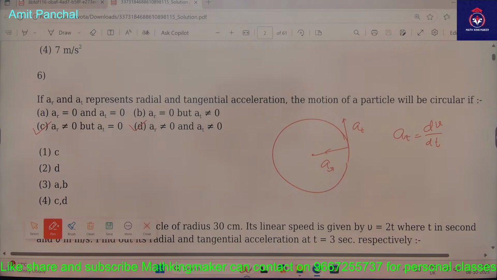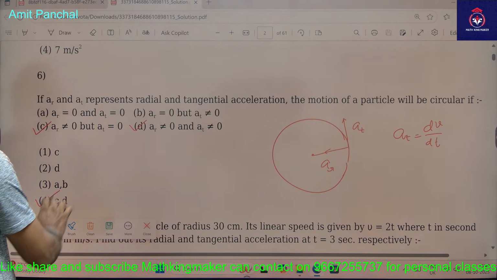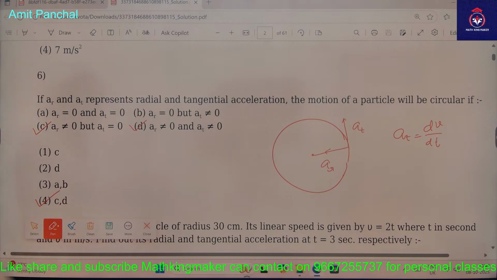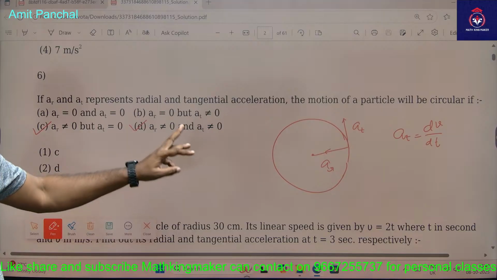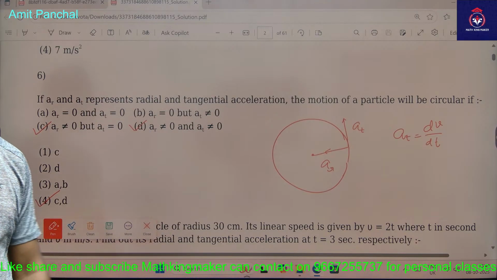Tangential acceleration is the rate of change of velocity, so it may be 0 or may not be 0. So C and D both are correct options, so option 4 is the right answer. But AR cannot be 0. If AR is 0, then there will not be any circular motion.